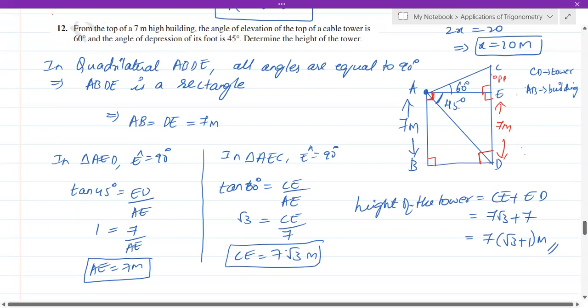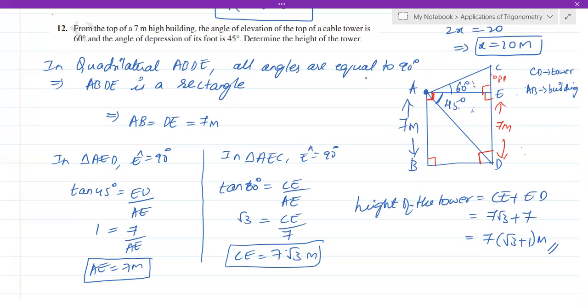This problem seems to be a bit different, but anyhow, it is a very easy problem. If I want to give you a hint, you can apply the same logic we applied in the previous problems. Take the two right angle triangles which have the angles in them, AED and ACE, the ones I'm shading above and below.